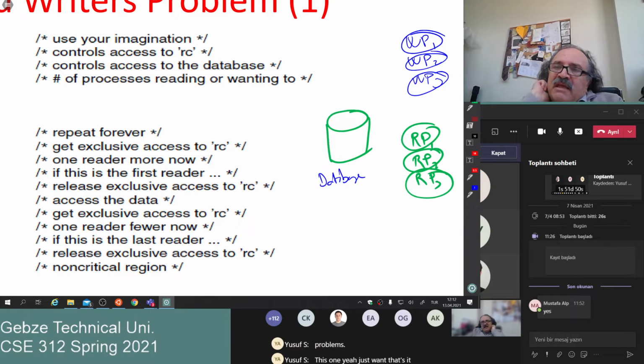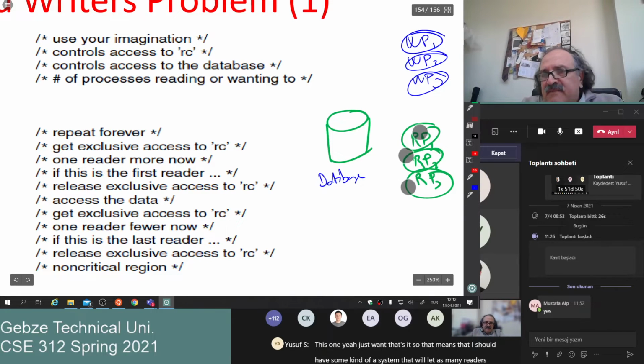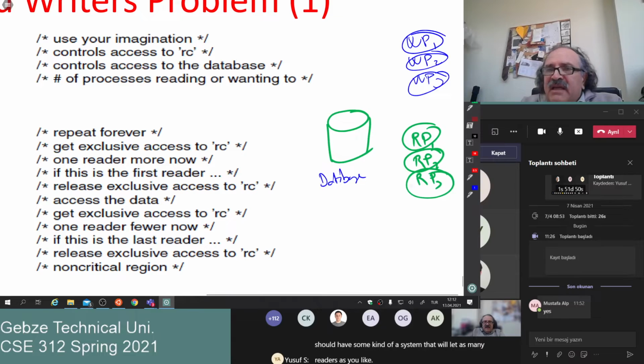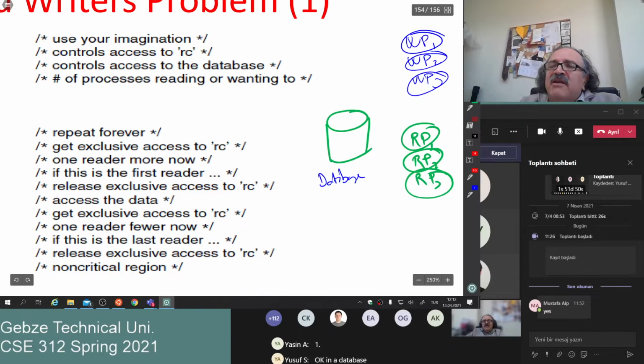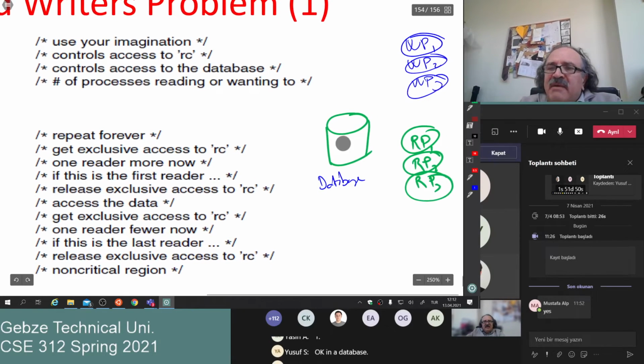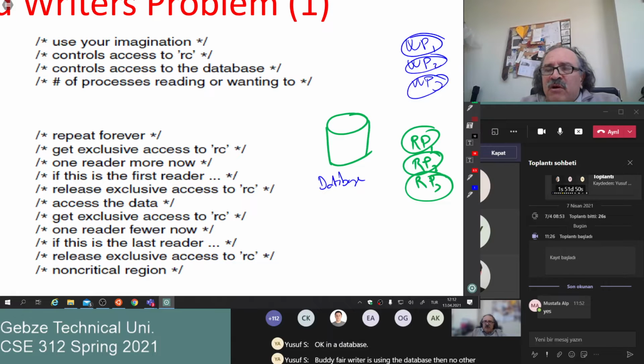So that means that I should have some kind of a system that will let as many readers as you like in a database. But if a writer is using the database, then no other writer or reader is allowed to take the database lock.